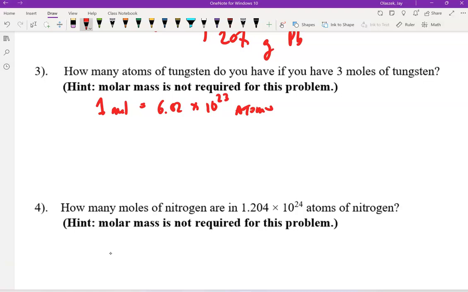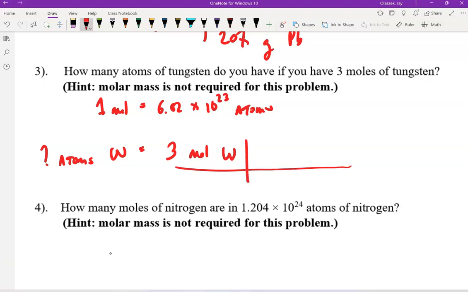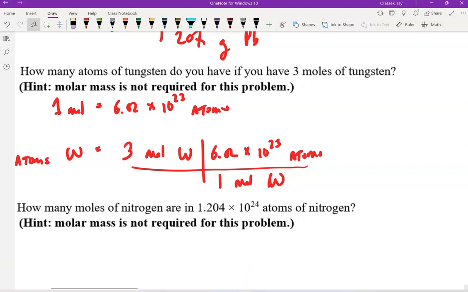So, the first one is going to ask how many atoms of tungsten, my favorite element, do we have if we have 3 moles of tungsten. So, we're trying to find atoms. They gave us moles. We're going to put moles on the bottom, and we're going to look for atoms on the top. So that's going to put 6.02 times 10 to the 23rd atoms on the top. So we're going to take our calculator.